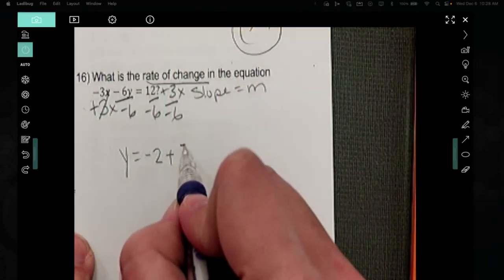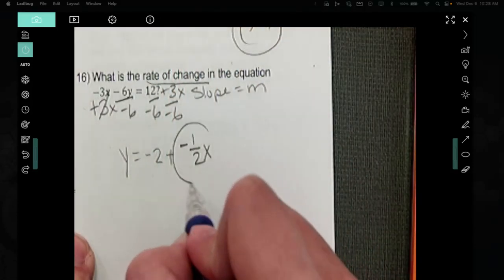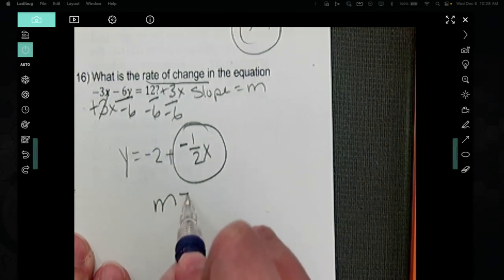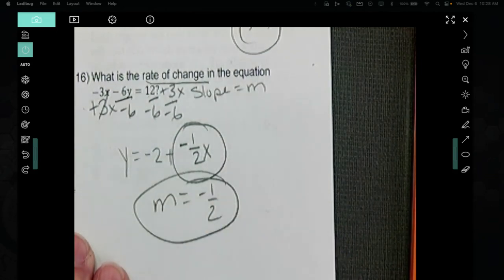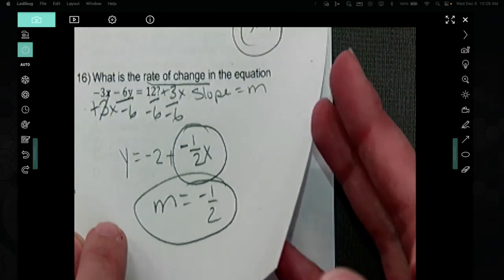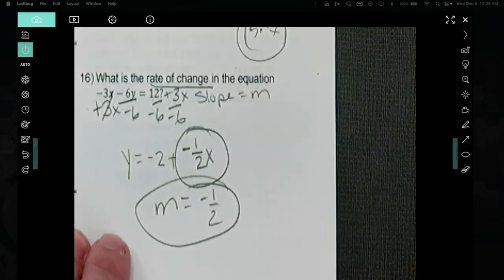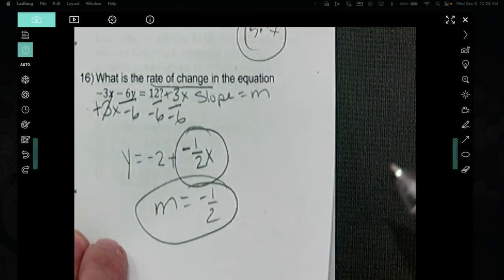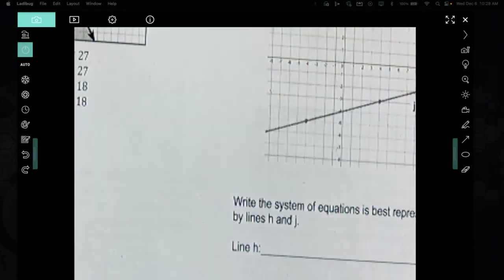This is a -1/2. That is with the x. So our slope is a -1/2. If that is multiple choice, I promise you one of the answers is going to be a -2 because they're going to anticipate that you're going to do that too quickly and you're not going to be able to find that right answer.